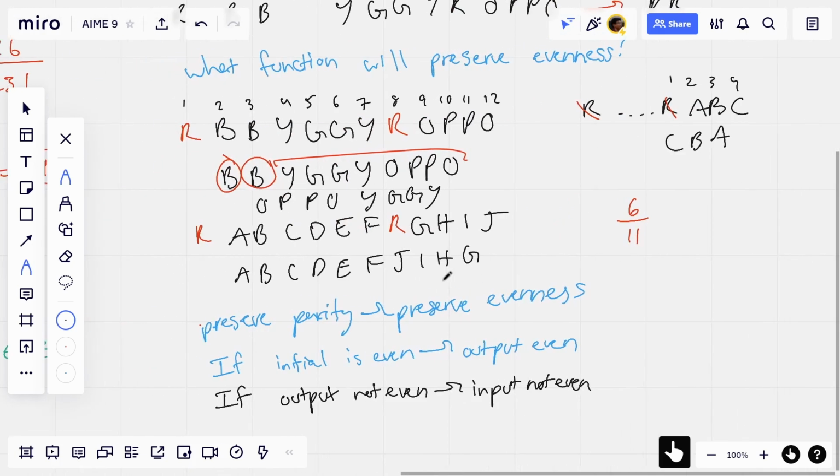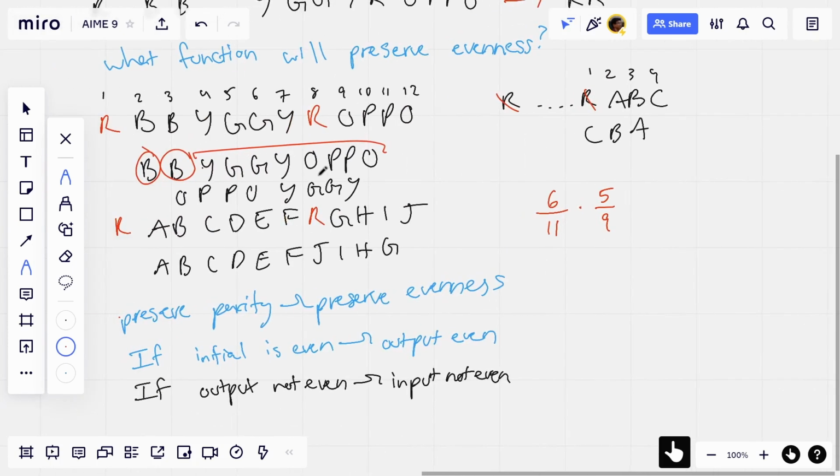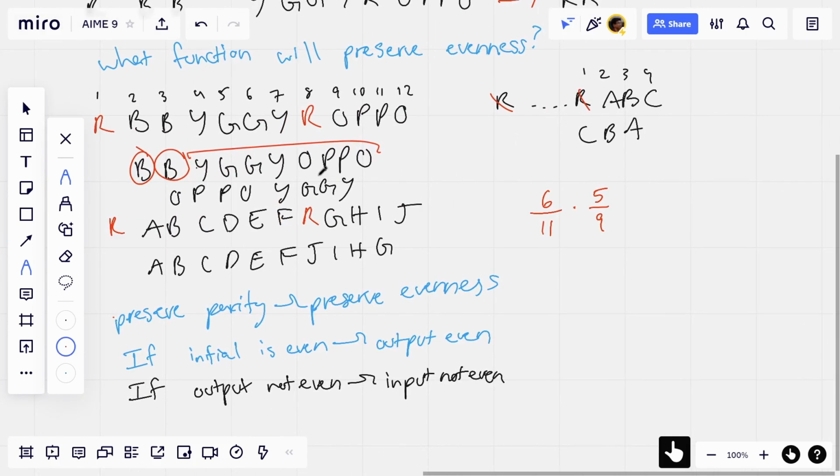So what's the chance that the two B's abide by evenness? Well, how many positions could B be in? It could be 1, 2, 3, 4, 5, 6, 7, 8, 9. There are 9 positions. B can be at the beginning and the end. That gives us a total of 5 out of 9 positions that B enables parity.